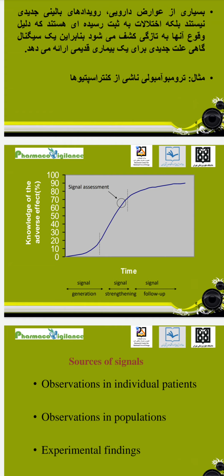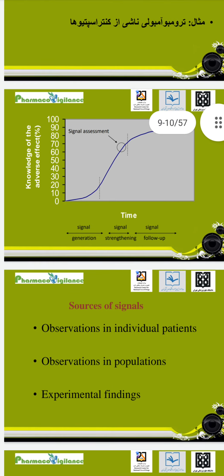When we do the signal strengthening, we increase our knowledge. When we do the signal assessment, we have 50%, 60% knowledge, and after that, when we follow up the signal, we increase our knowledge, and we never touch 100% because we are not sure every time, 100%, about any medicine.